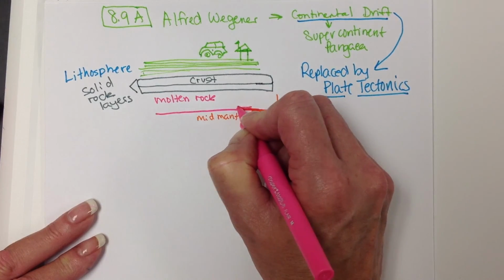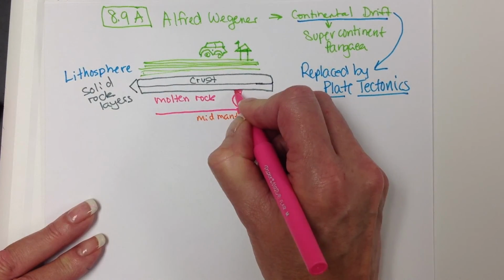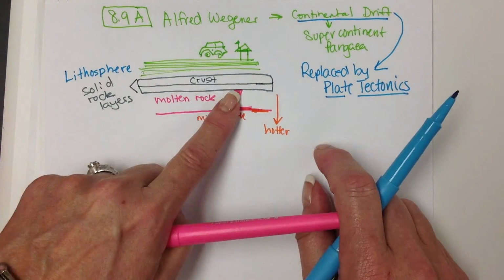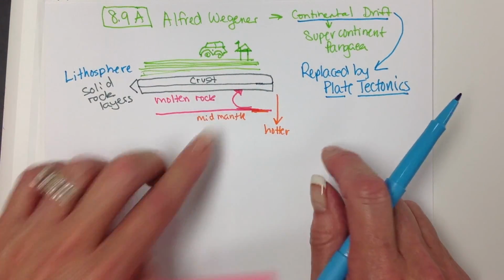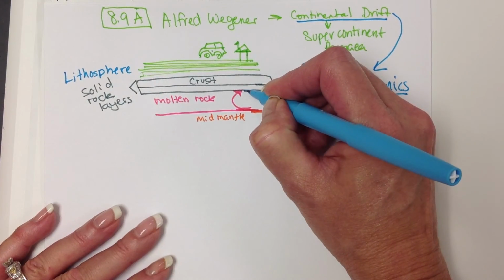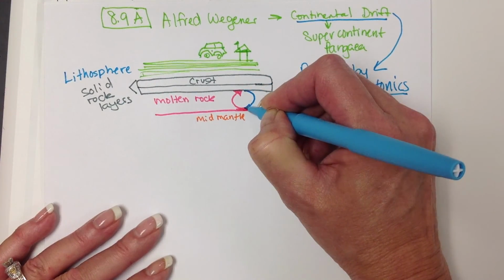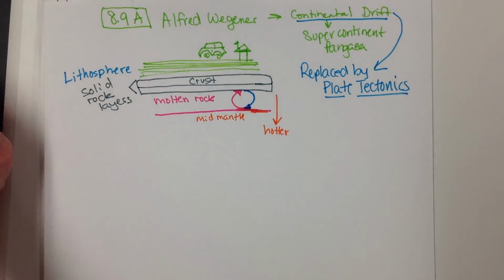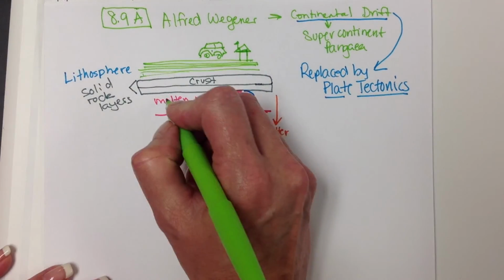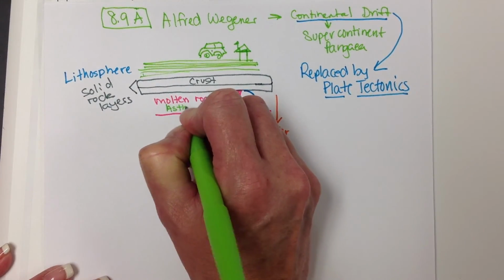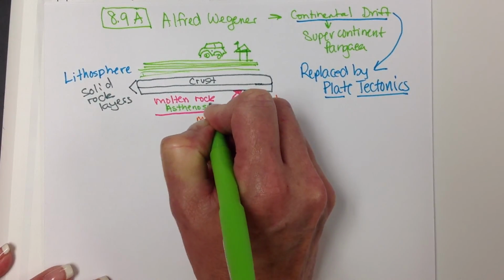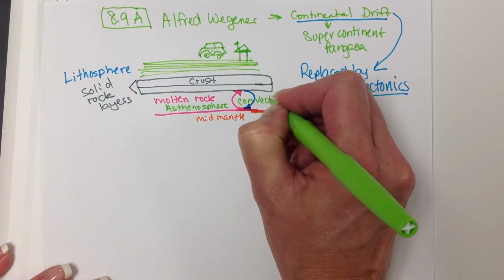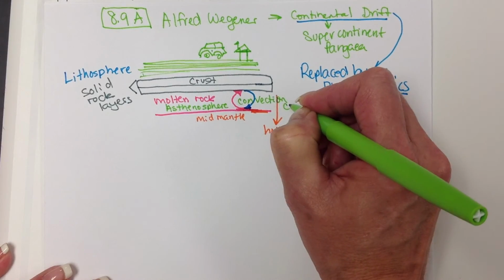So this magma rises here, and when it reaches the lithosphere, the top of the upper mantle, it cools because it's cooler, and it sinks. So here's where our convection currents are going on. This layer is known as the asthenosphere, and it has convection, these circular currents.